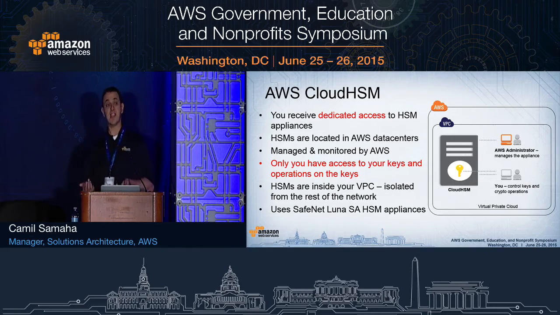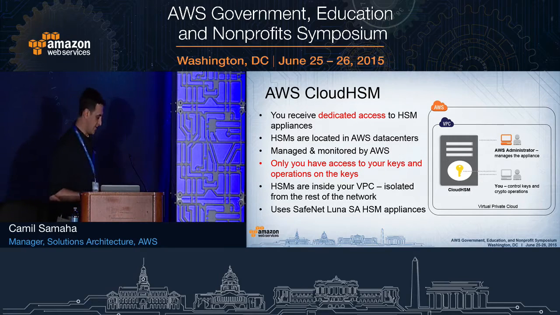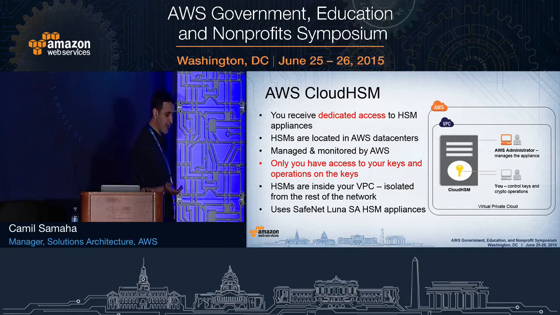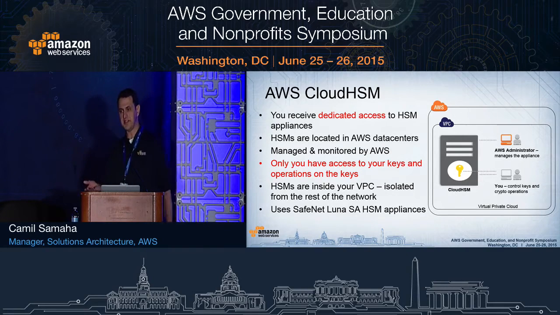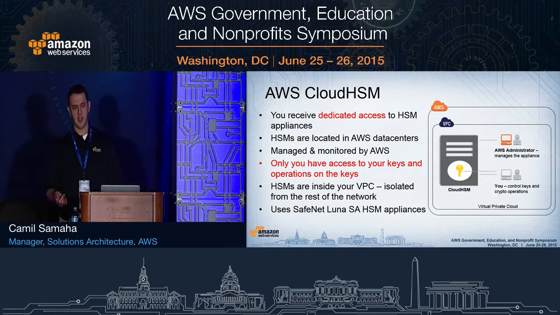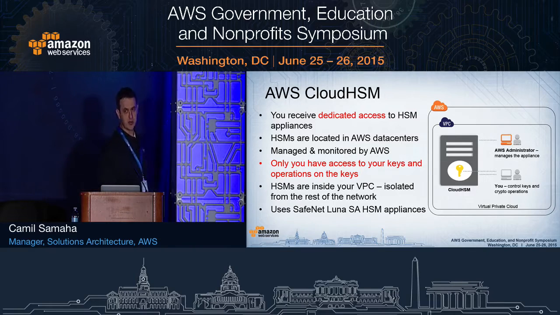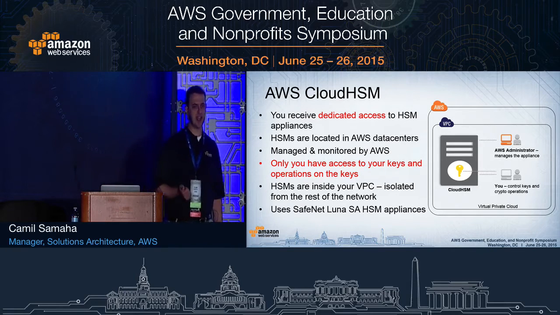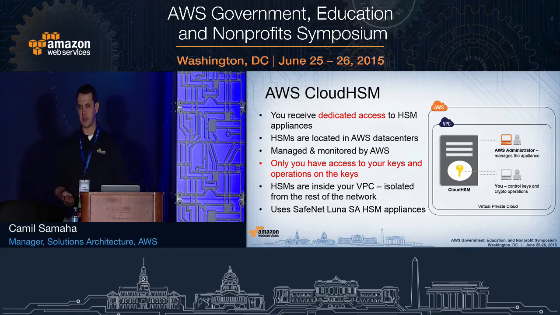You have dedicated access to that physical appliance. And those appliances are made available to you inside of your VPC, or virtual private cloud, which gives you additional benefits to be able to leverage security groups and subnet ACLs to limit access to the HSM in your VPC.